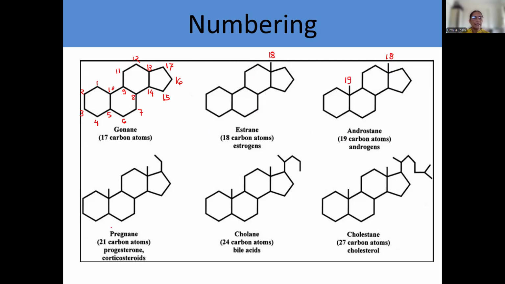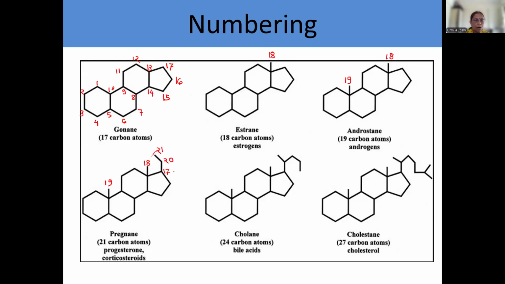Going from androstane to pregnane, what is extra is this 2 carbon structure. So let us number first the angular methyl groups just the same as androstane, and then this is 17, right? After 19, this becomes 20 and this becomes 21.